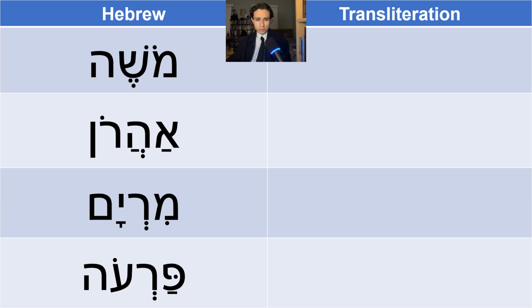All right, let's continue on to the book of Exodus with these four names, beginning with Moshe. Now, for these final heys at the end of a word, some people choose to not transliterate them at all, especially in Spanish, where a final H is already a letter that is silent, so they see no need to even add it at the end of a word.